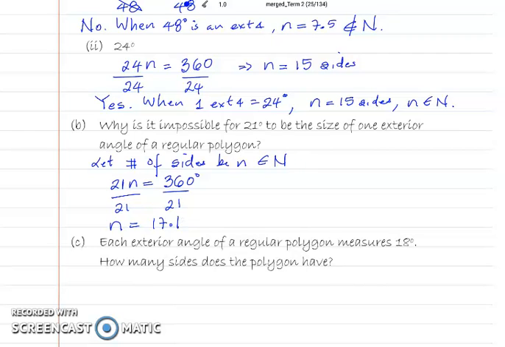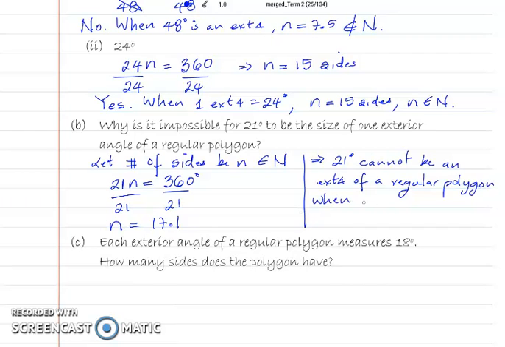All right. So therefore, 21 degrees cannot be an exterior angle of a regular polygon, because when one exterior angle is equal to 21 degrees, n is equal to 17.1, and n here is not an element of the set of natural numbers.